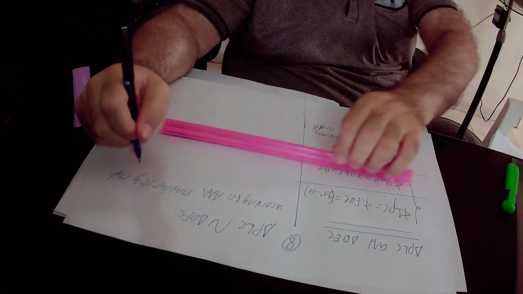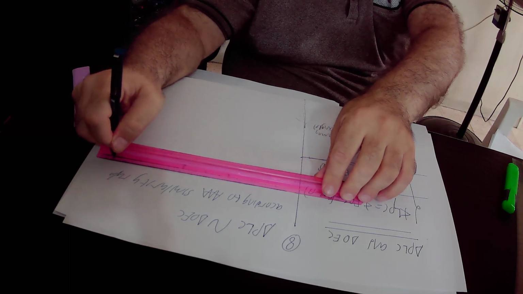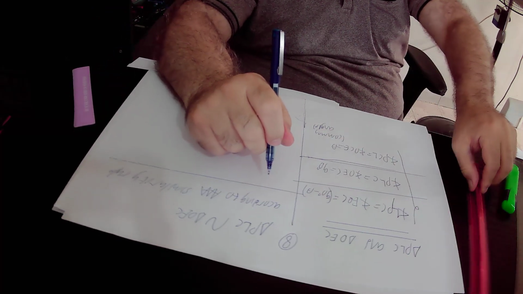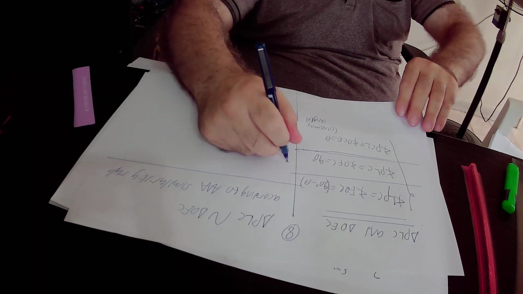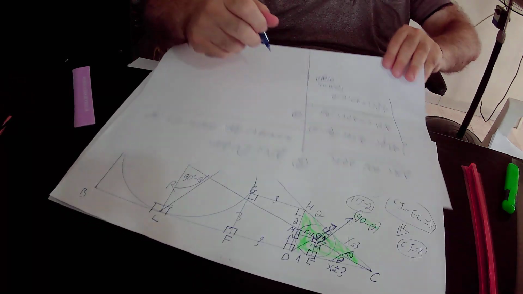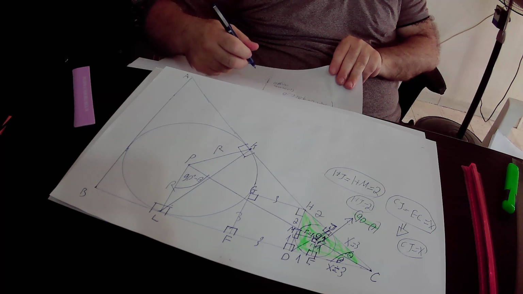And for the fact that the two right triangles are similar to each other, we derive that the following relationship exists between their sides.